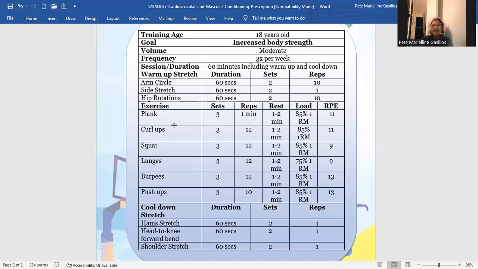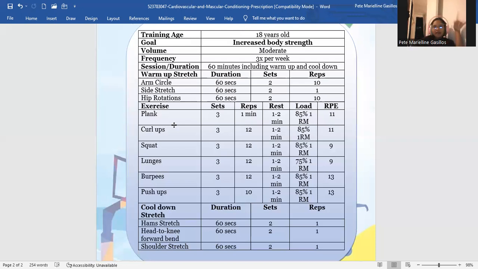I decided that squat is also 3 sets, 12 reps, and my rest is the same, 1 to 2 minutes. All my rest is the same. I would rest 1 to 2 minutes after each exercise.